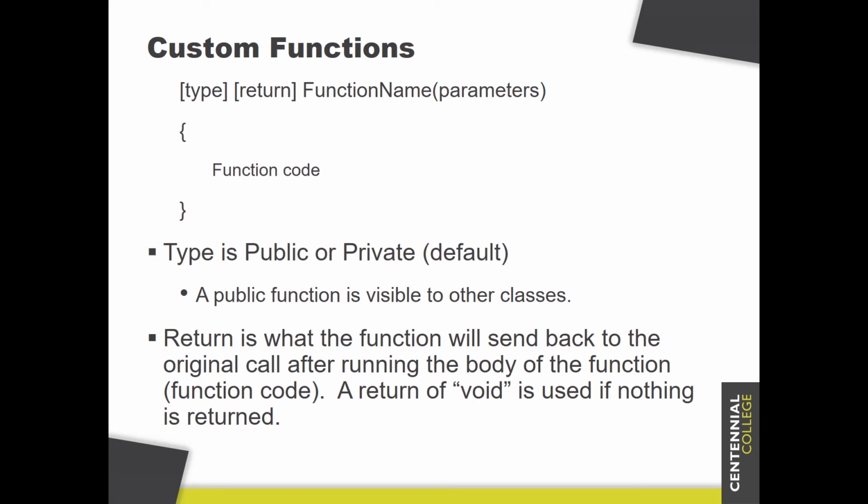So the return type is what is being returned from the function. When the function is finished running, this value or this thing is then returned to whatever called it. Okay, if you leave it as void, void means don't return anything at all. So nothing is returned from a void function. Okay, and all the functions we've seen up until now have been void functions. It was a void start, void update, void fixed update, etc.